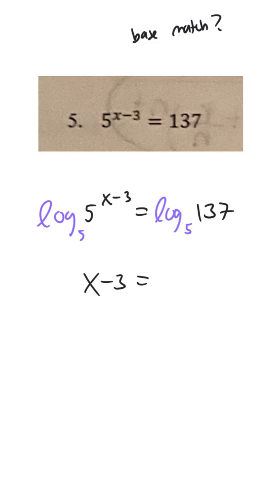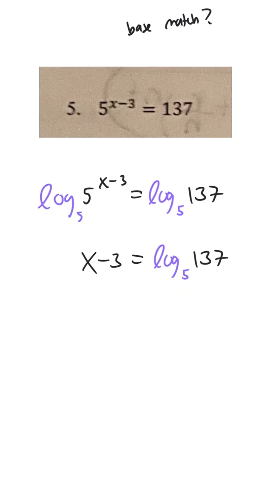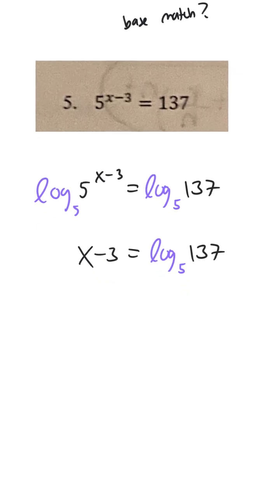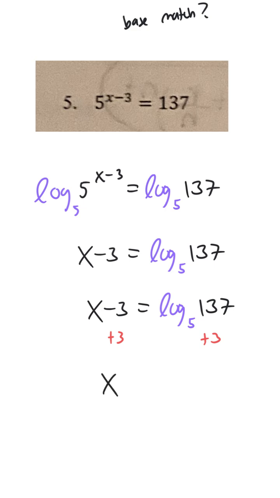And then you have this on the other side. Now, again, the goal is to solve for x, so hopefully we're all recognizing that we can just add 3 to both sides, and the next thing you know, you have x equals log base 5, and we have that plus 3.